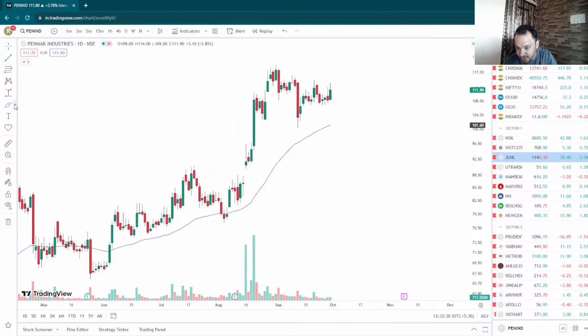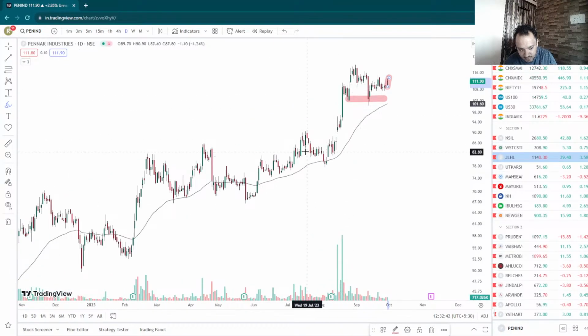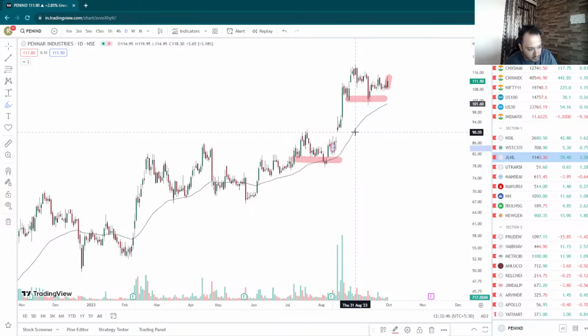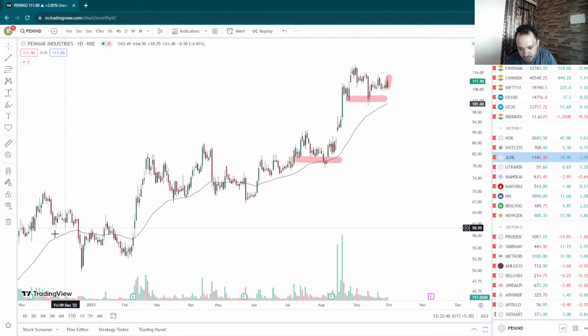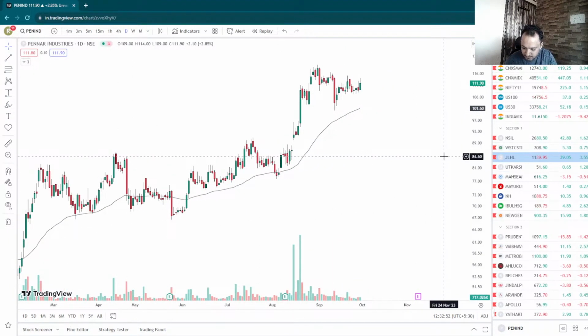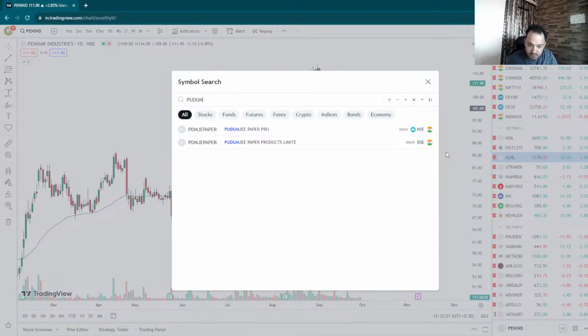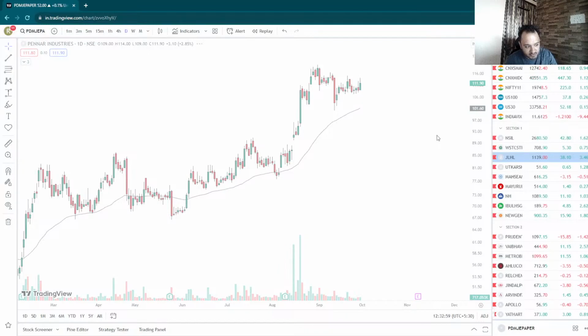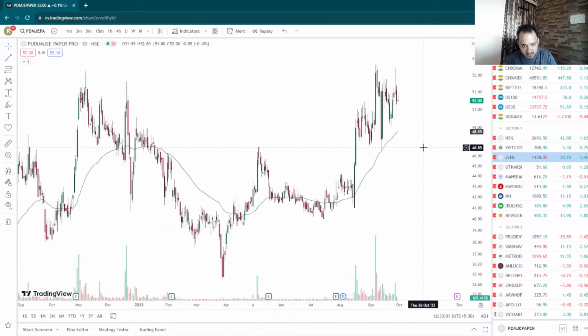Pennar Industries, again extended. There was an entry right here. Don't buy extended stocks. If it's far from the EMA, don't buy it. Don't buy extended stocks. You will automatically see improvement in your results.